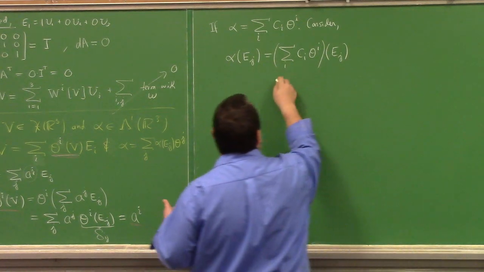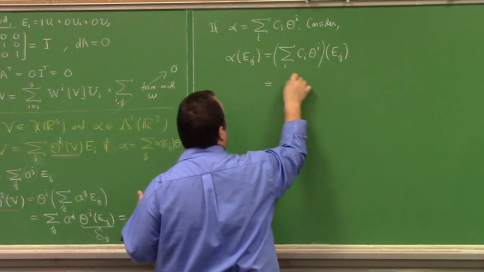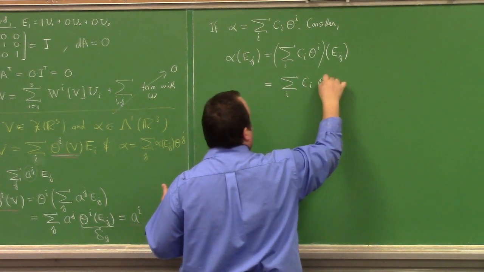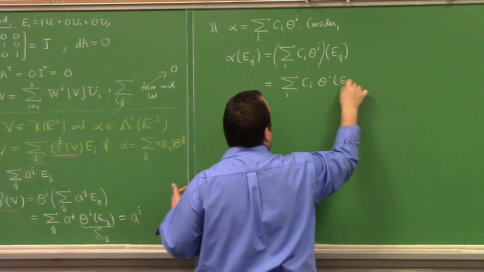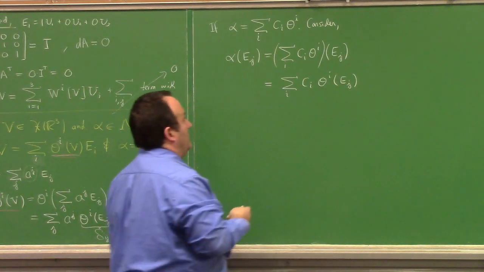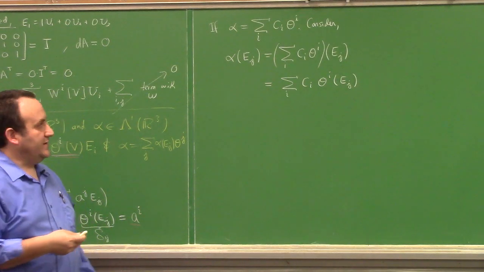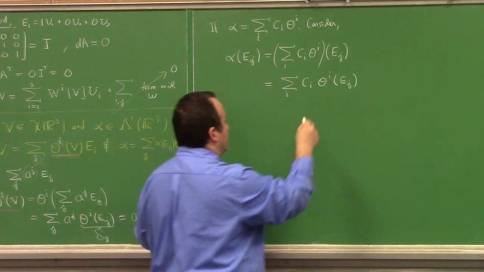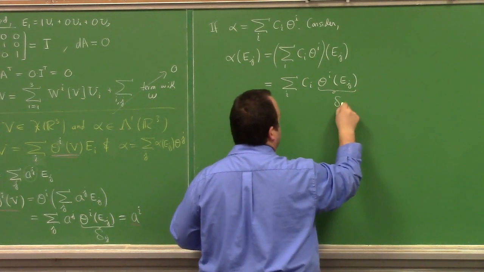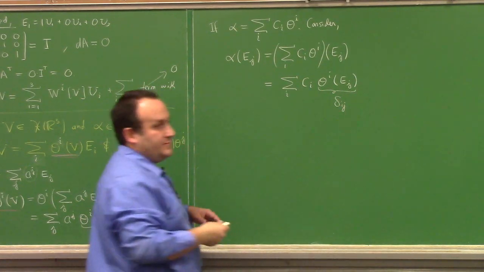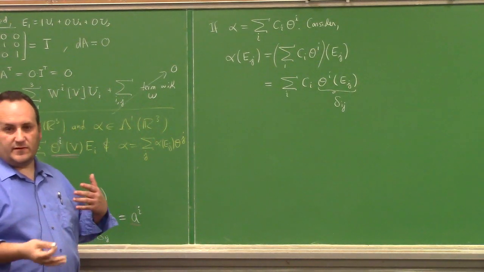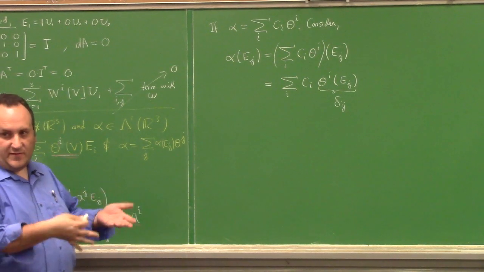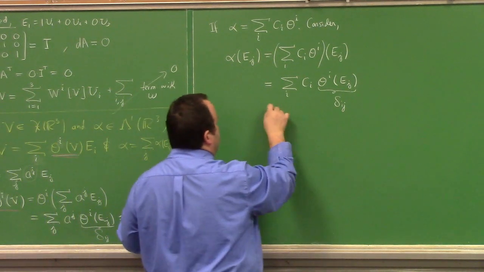So by the definition of function addition and scalar multiplication, this is straight up the sum over i of c_i theta i acting on e_j. But again, that is the Kronecker delta ij. So that's 0 except when i is equal to j. Now j is the free variable here, the one that survives, and this reduces to c_j.